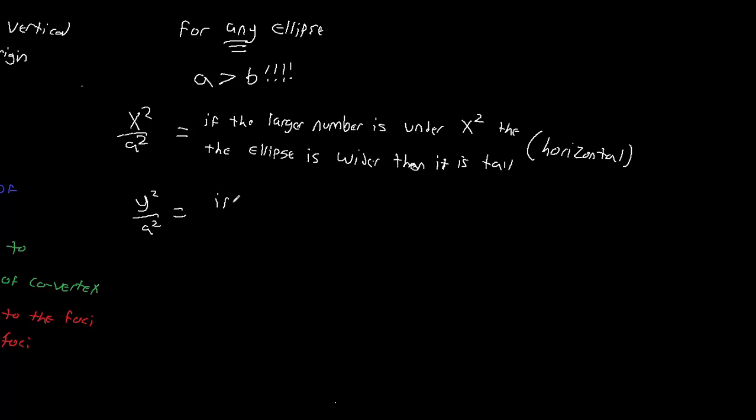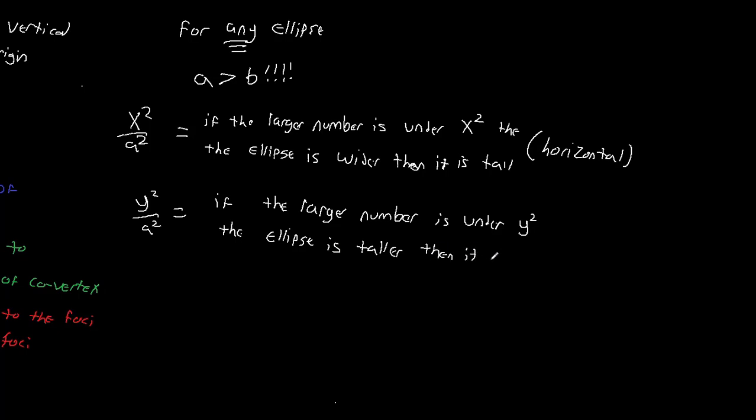If the larger number is under y squared, the ellipse is taller than it is wide, or it is a vertical ellipse.